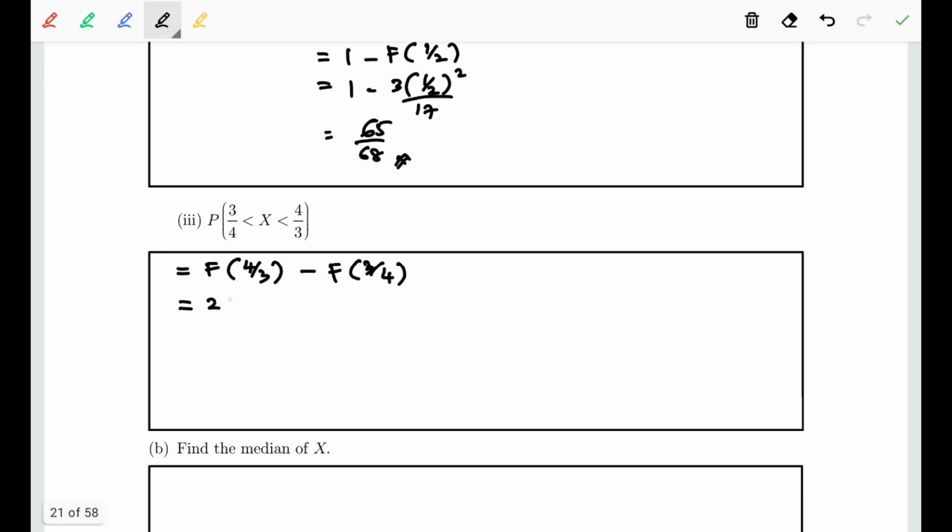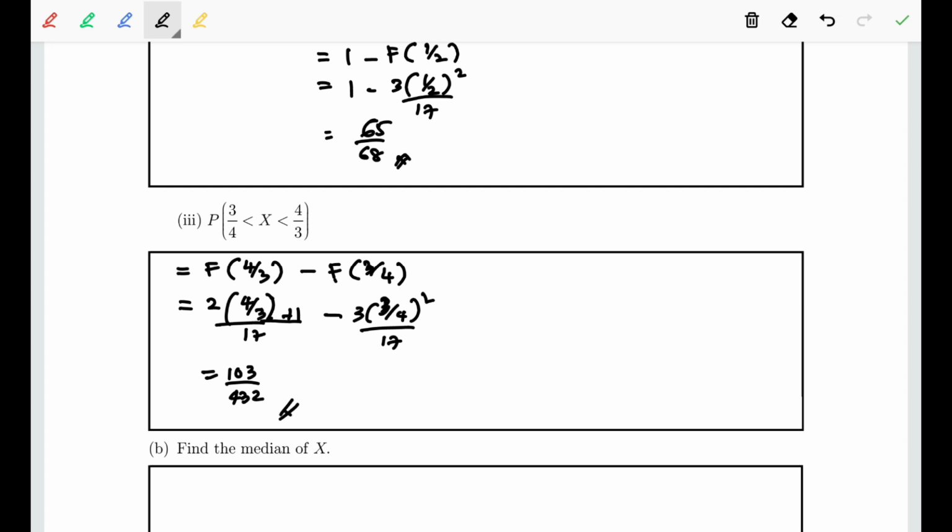Here it should be 2 times 4 over 3 squared over 17 plus 1, minus 3 times 3 over 4 squared over 17. So then you get 103 over 432.